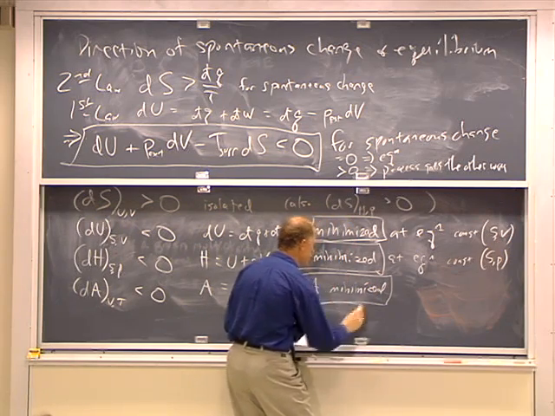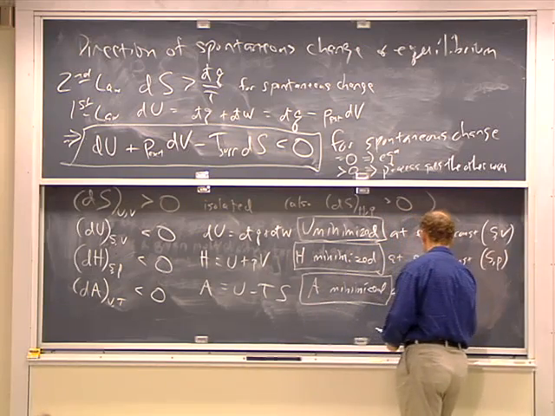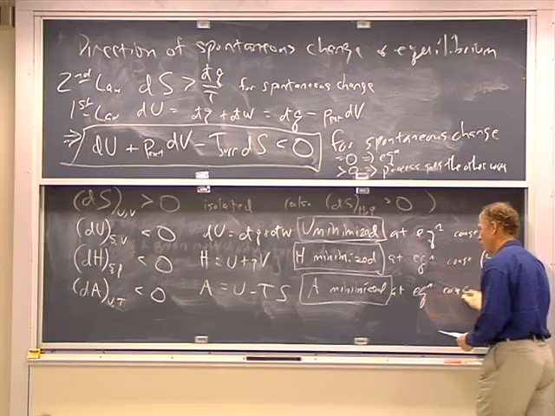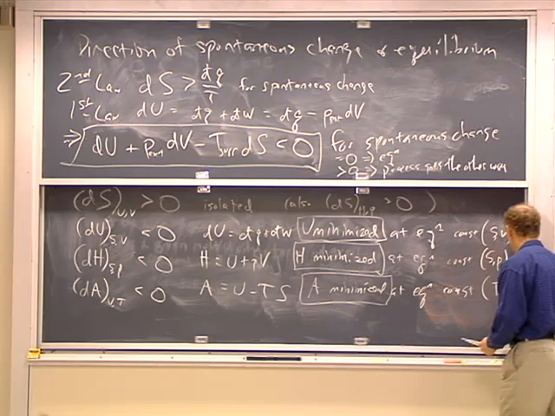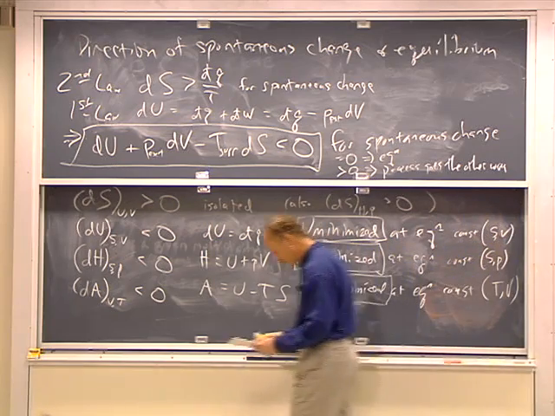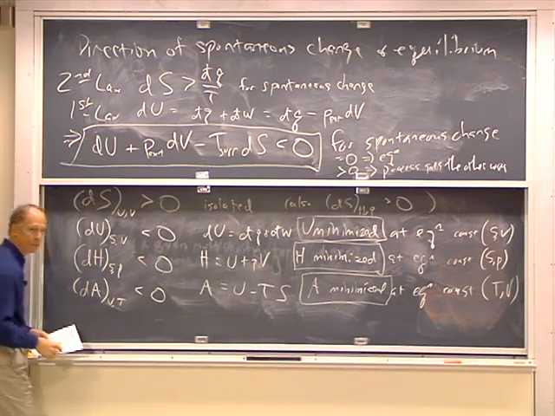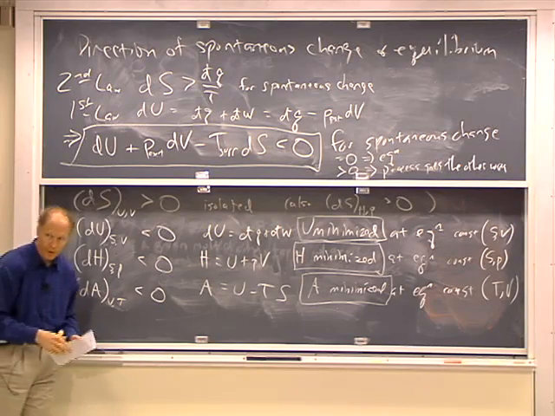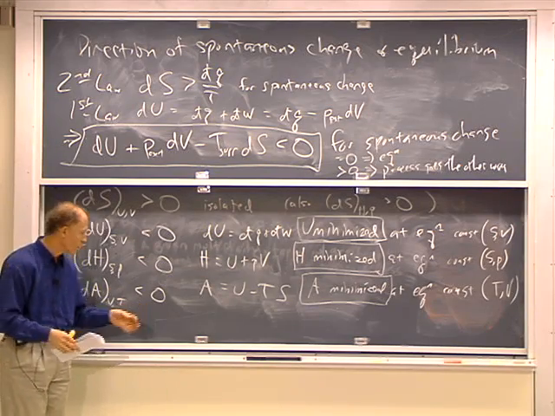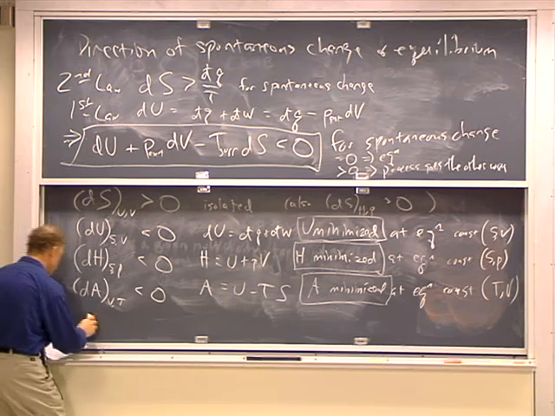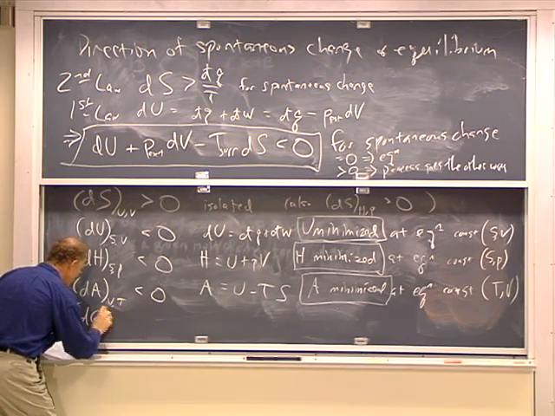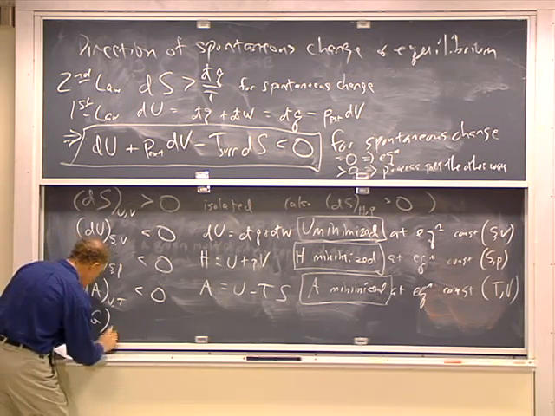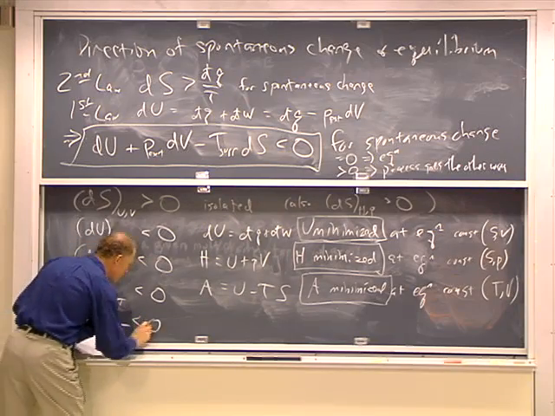And A is minimized at equilibrium under conditions of constant T and V. And finally, and in many cases the most important of the results because of the conditions it applies to, we saw that this Gibbs free energy, dG, is less than 0.